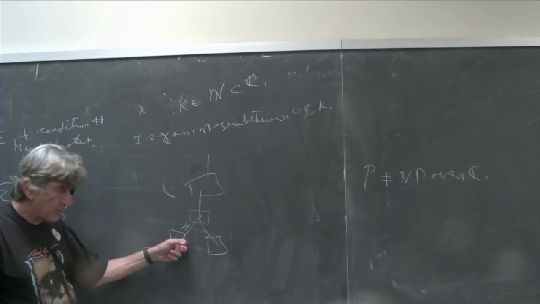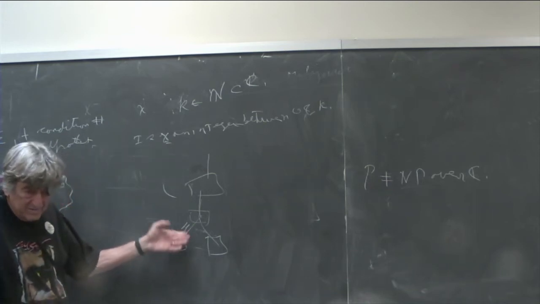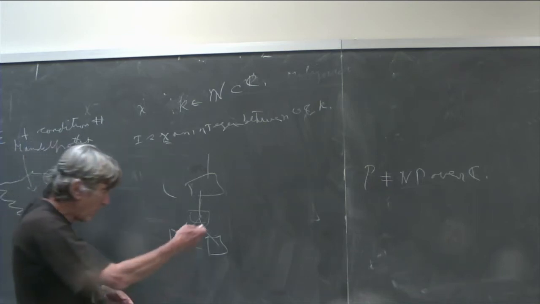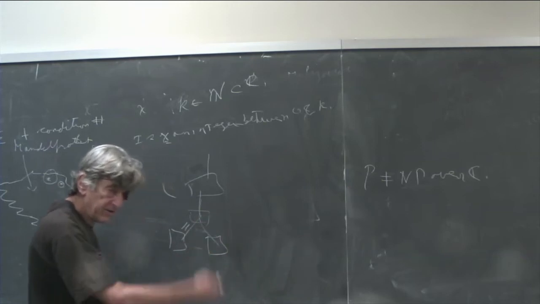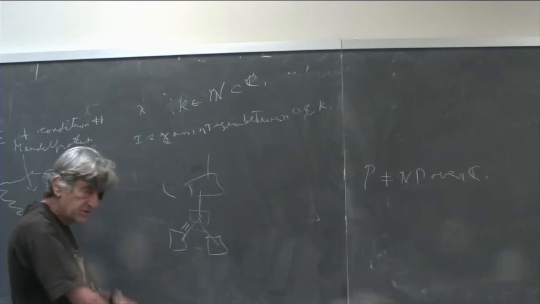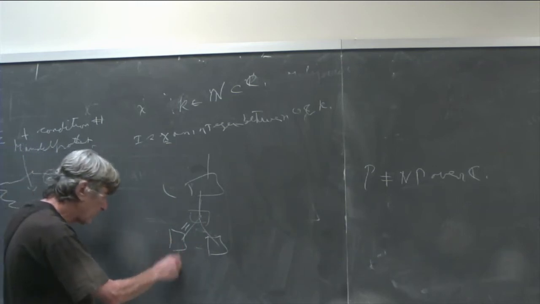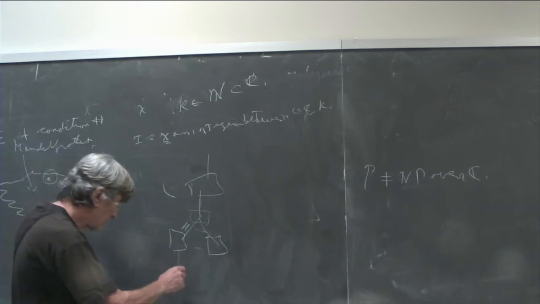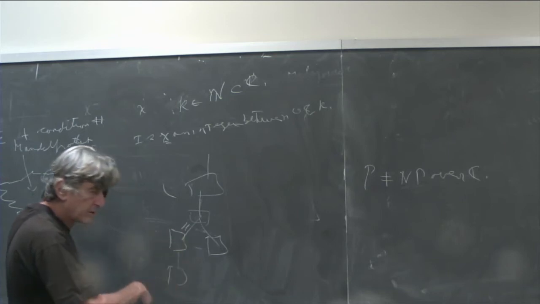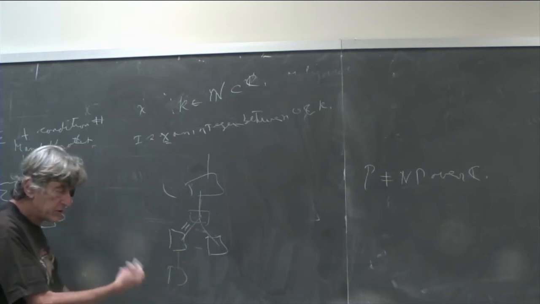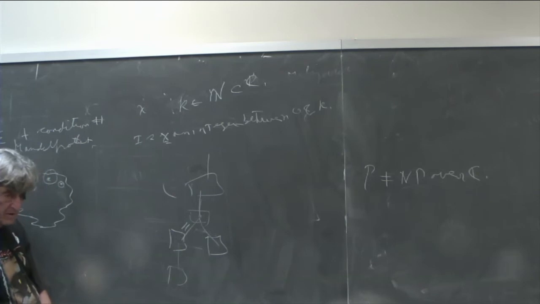How many equal to 0 points do you have? It's finite. Otherwise, it wouldn't branch. So what happens is, if you're going to do this in polynomial time, you have to, in polynomial time, compute a polynomial which has k roots.